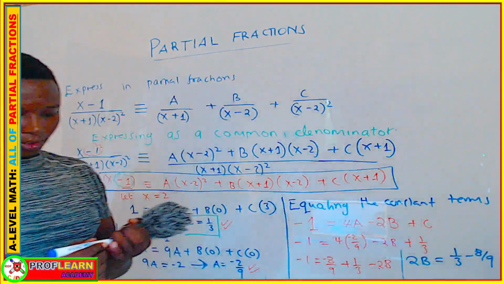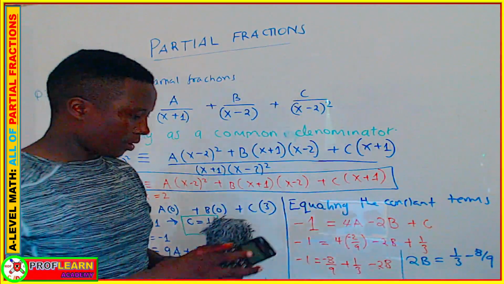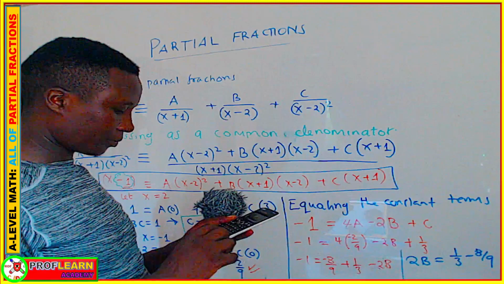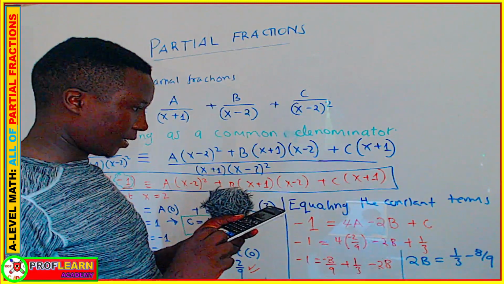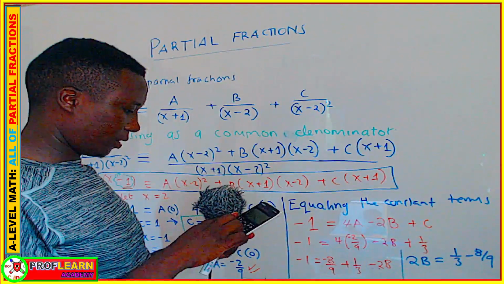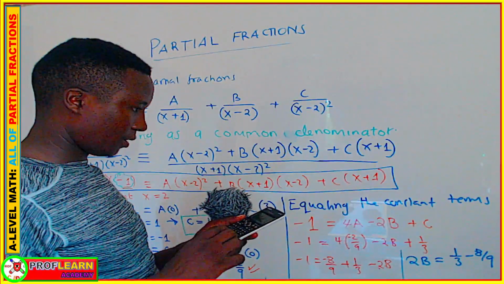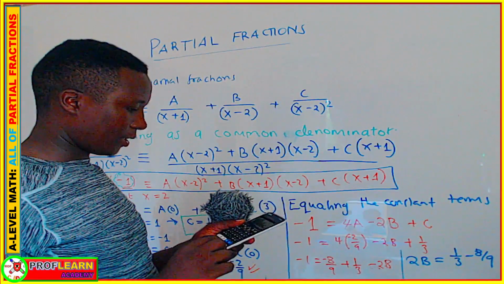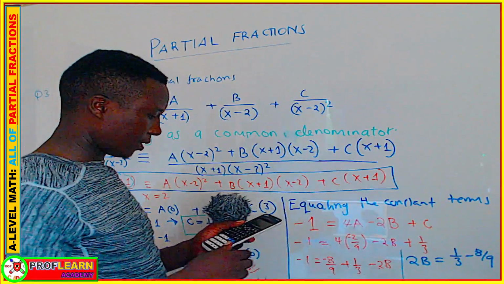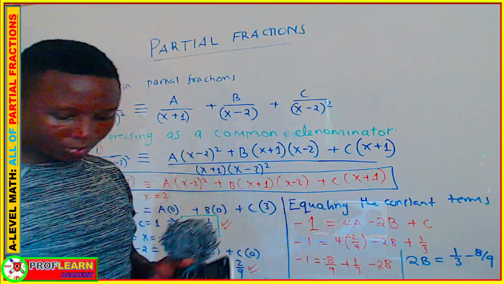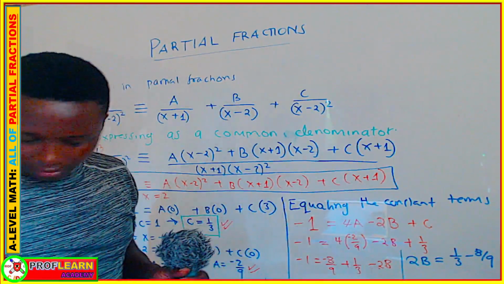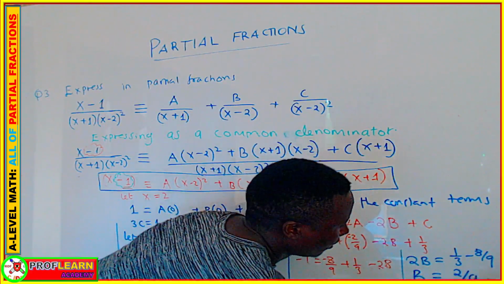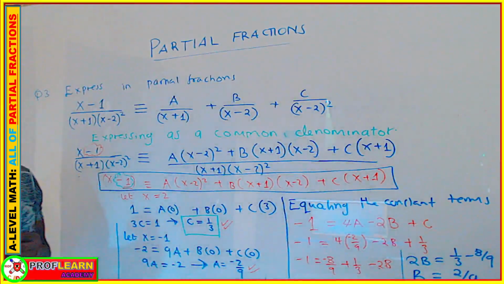So if we work this out with our calculator, and then over 9 divided by 2, we're going to have 2 over 9. So our b is actually 2 over 9.